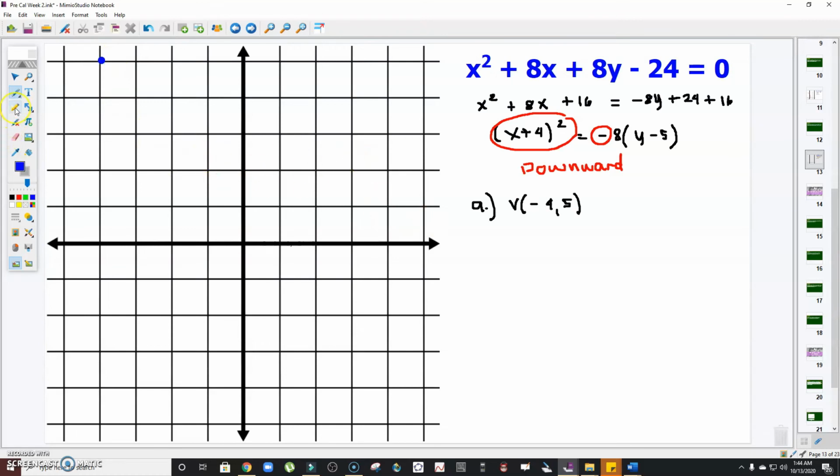Now, since it opens downward, our focus is here. But take note, how are you going to do that? Let's go back. Take note, our 4c is equal to negative 8. Negative 8. So, clearly, my c is negative 2. Absolute value, so 2 units. Meaning, I'll just count 2 units: 1, 2.